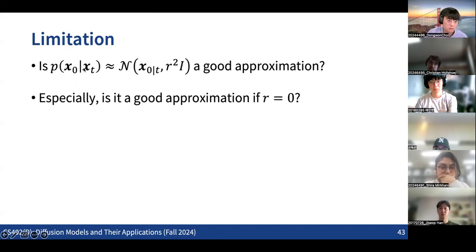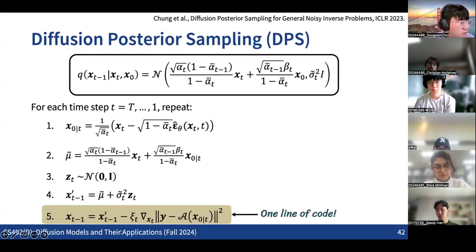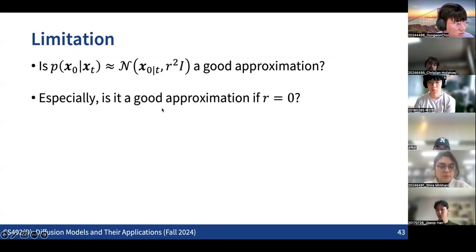We are approximating this conditional term as another Gaussian distribution in a way that we can easily calculate all the things. But we are using a very strong assumption in modeling this as a Gaussian distribution. And especially for this algorithm, just adding one line of code here, we are even assuming that the variance is zero. So now we are also assuming that this distribution is a Dirac delta function, which can be too strong an assumption. It may not be true for most of the cases.